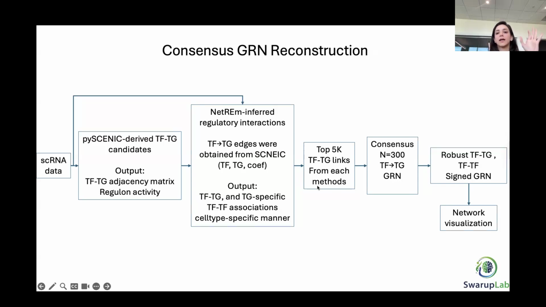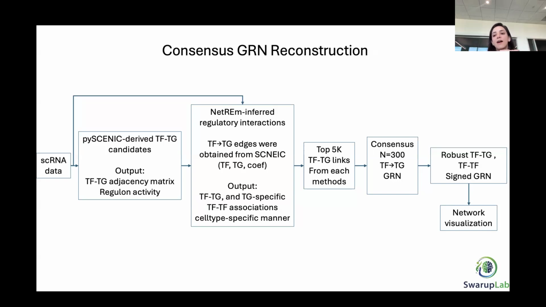So after getting the results from NetREm and from pySCENIC, we already have lists of TFTGs. So now it was a matter of finding what was consistent between the two of them. So we went with the ranking-based approach of finding the 5,000 top TFTG interactions from both of the methods, and then cut it down to the top 300 TFTG links to focus on for each cell type.